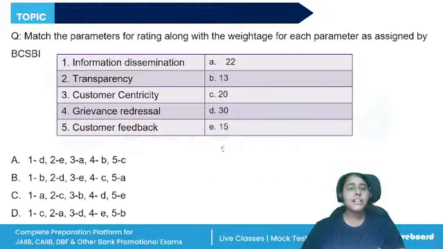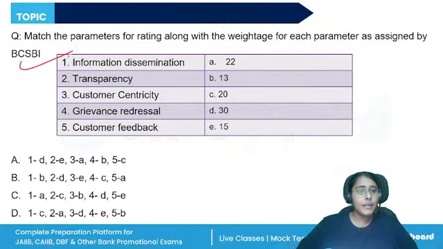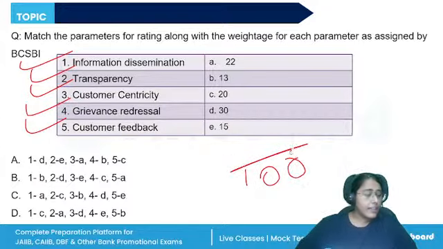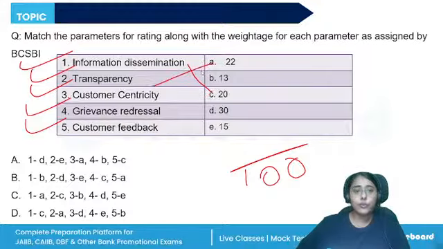Okay. Match the parameters for rating. The five parameters designed were information dissemination, transparency, customer centricity, grievance redressal, customer feedback. A total score of 100 is there, right? Information dissemination has the score of 20. Transparency has 22.